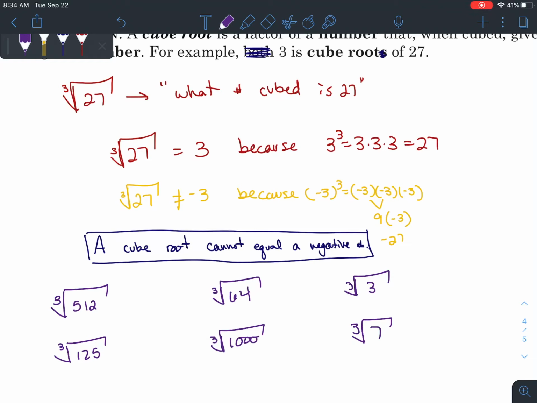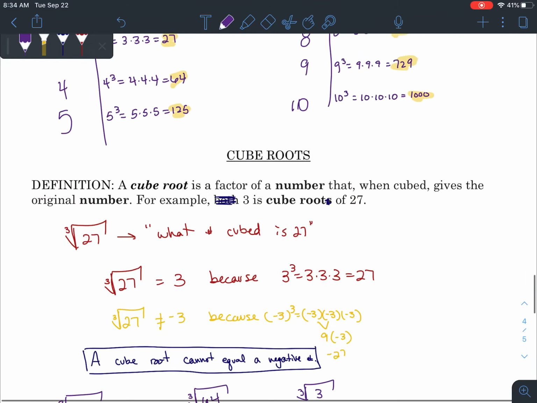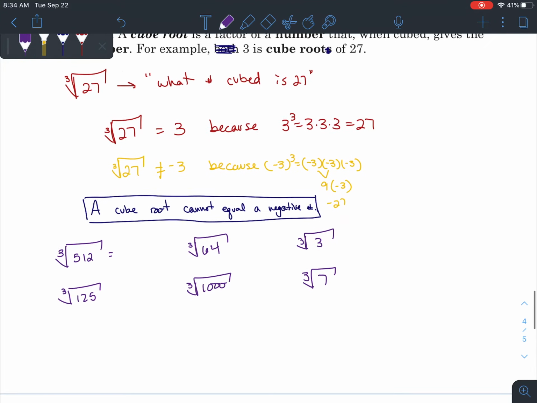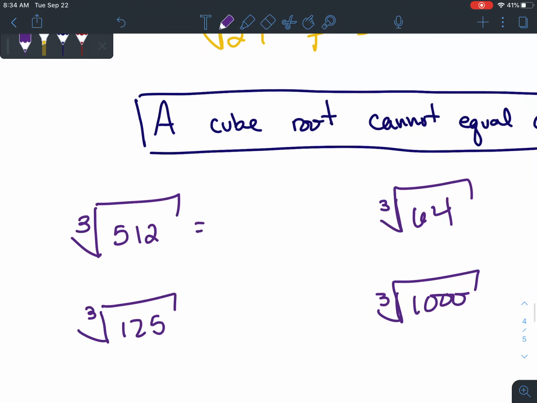Okay? So what's the cube root of 512? Well, let's look at our list. Is 512 a perfect cube? If it is, it's super helpful. It is. 8 cubed equals 512. That means the cube root of 512 is 8, right?